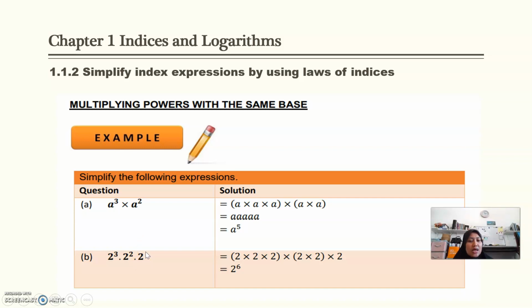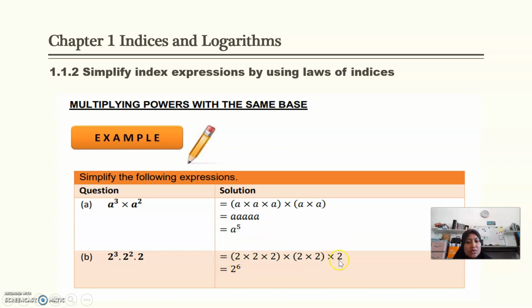We can also write it like this: 2 multiplied by 2 for 3 times, then for the second base 2, we multiply by 2 for 2 times, and the third 2, we multiply by 2 for 1 time only. The result we will get is 2 power of 6.